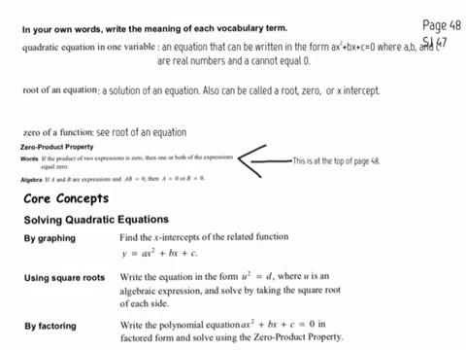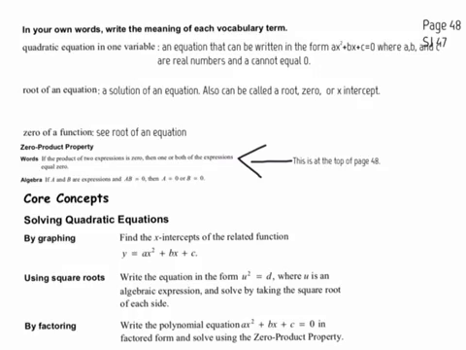Here are the definitions I'd like for you to write down. A quadratic equation. We've been working with quadratics, ax squared plus bx plus c equals 0. The root of an equation just means the solution or an answer.